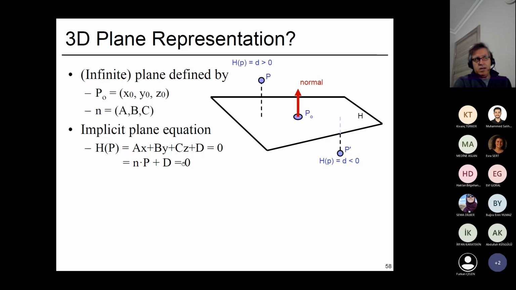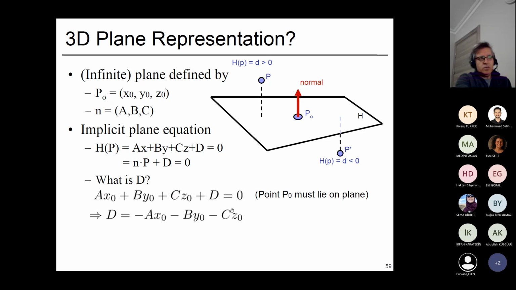Any infinite plane will intersect my ray anyway, unless my ray and my plane are parallel to each other. Then I may not be able to find that, which would probably mean that you're not going to be able to find any t, or t is going to be on the minus side, and so forth.